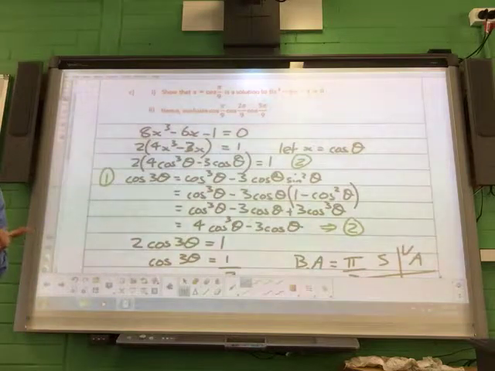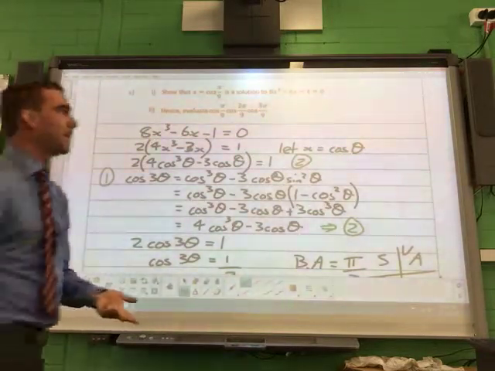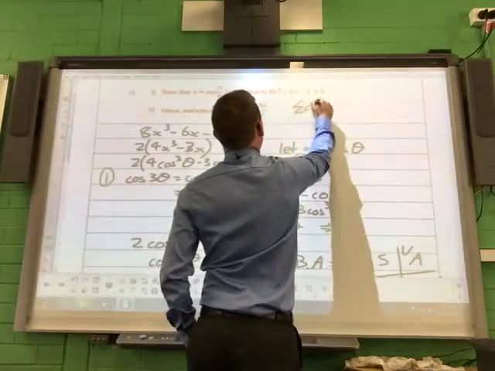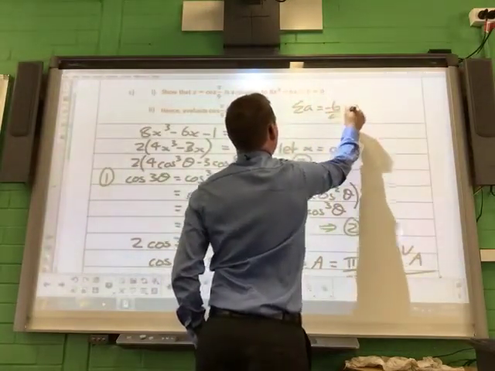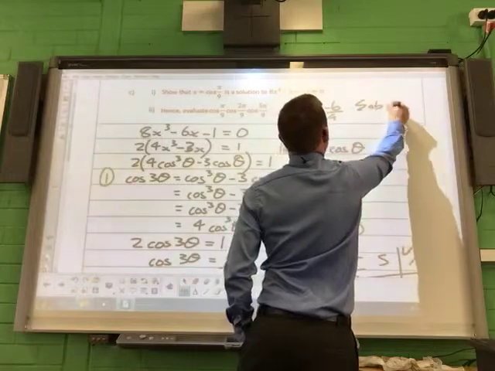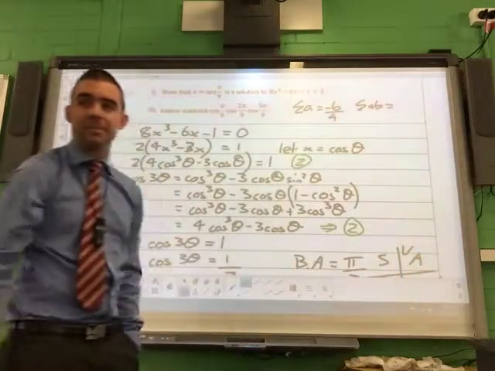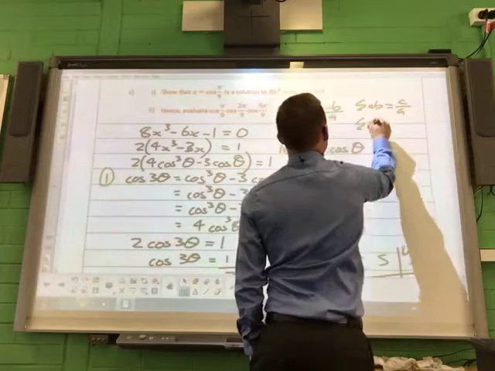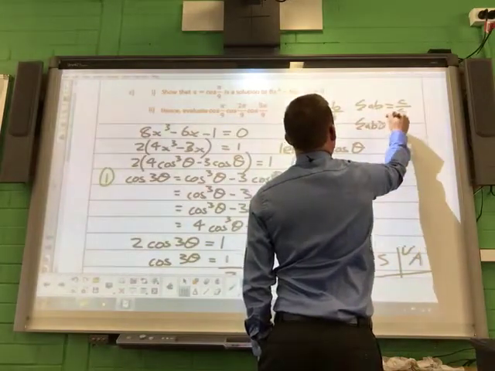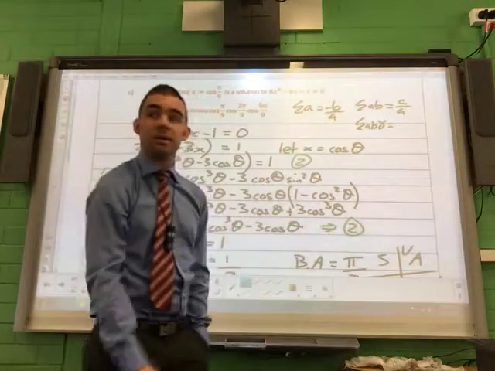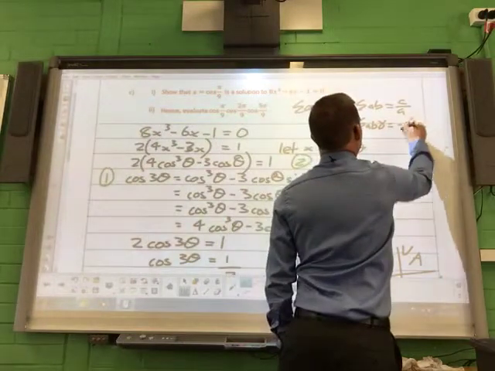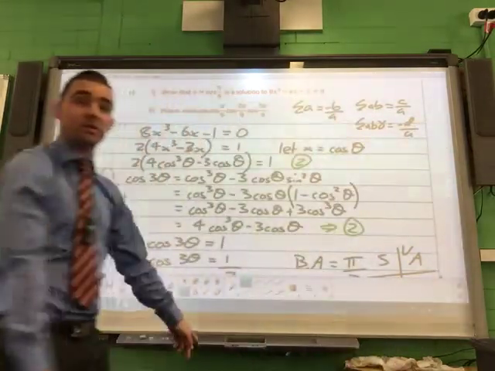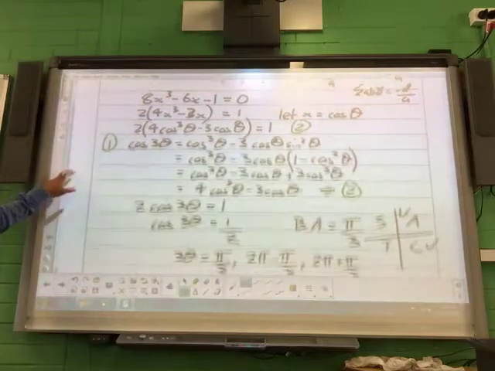So we have the sum of the roots 1 at a time, the sum of the roots 2 at a time, and the sum of the roots 3 at a time. The sum of the roots alpha is going to be negative b on a. The sum of the roots 2 at a time is going to be what? c on a. And the sum of the roots 3 at a time is? And that's what the product of my three roots here must equal. But there's no b.